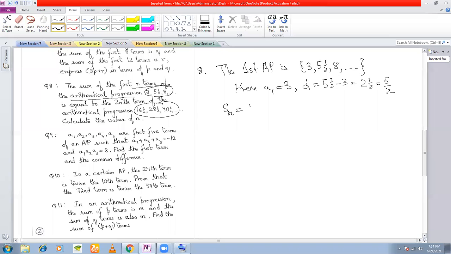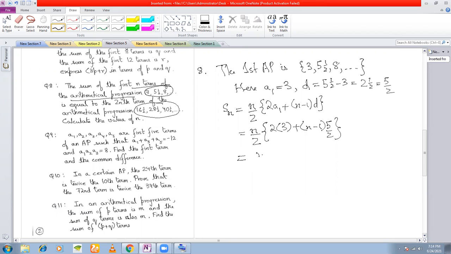Sn is n by 2 times (2 A1 plus (n minus 1) D), which is equal to n by 2 times (2 into 3, plus (n minus 1) times D, and D here is 5 by 2). So we get Sn in terms of n.